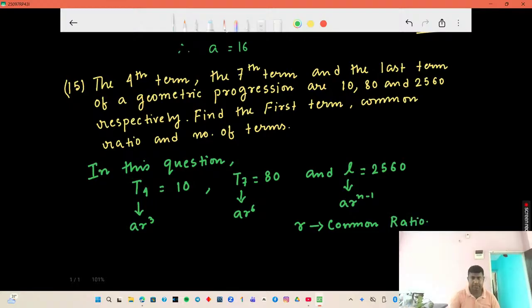Is it clear? So what is R? R is nothing but the common ratio. What is A? A is the first term of a series. And what is L? L is the last term.